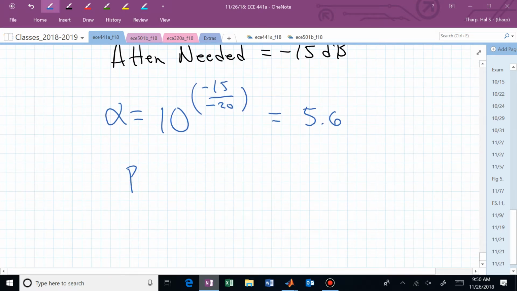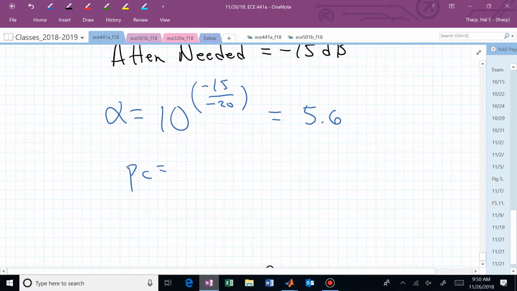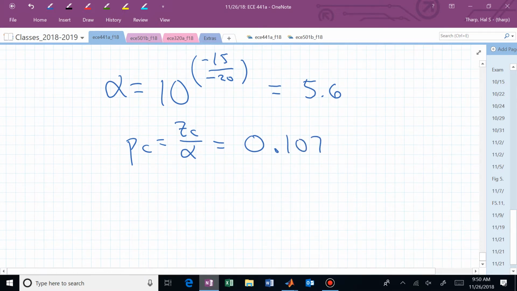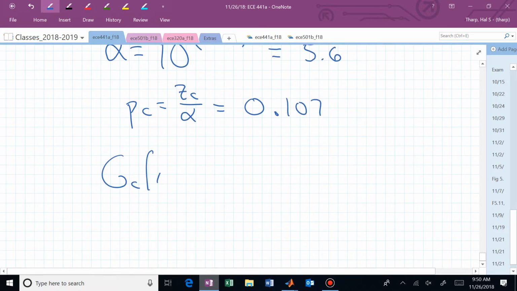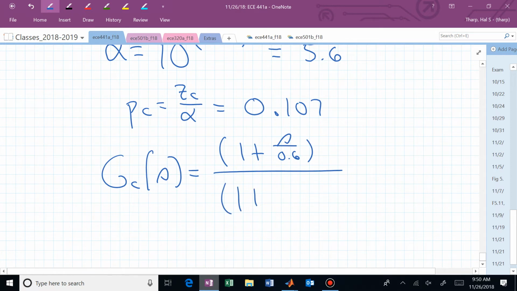And now we have P sub c. P sub c is z sub c divided by 5.6, or that's now 0.107. So that now G sub c is 1 plus s over 0.6 and 1 plus s over, let's just make it smaller than 0.107.